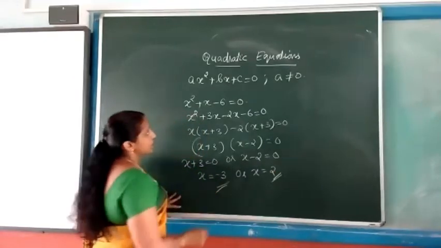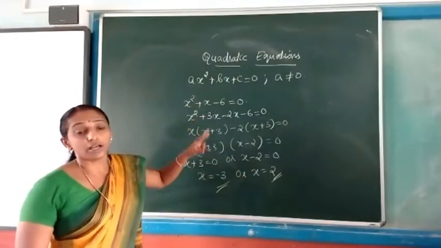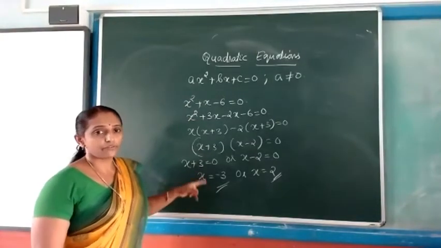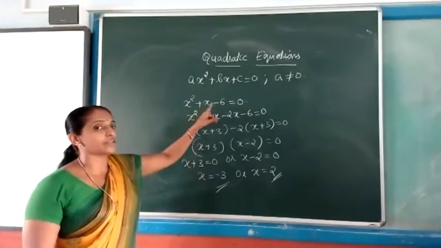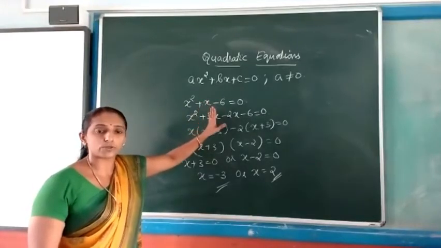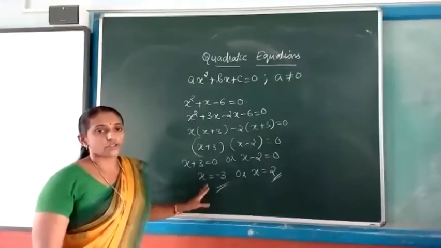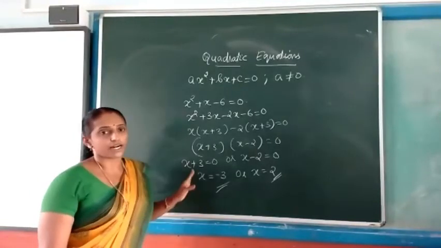As the equation has degree 2, there will be two values for x. If you substitute these values in the equation, it is satisfied; the LHS will also be 0. Clear, that is the solution. So here your question is to solve the quadratic equation.